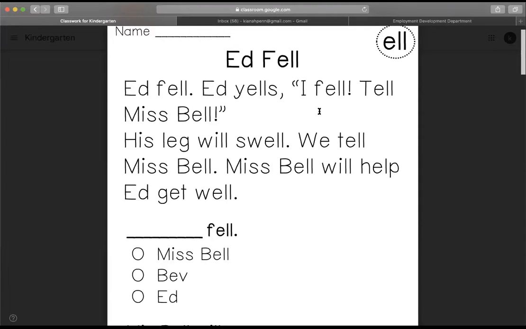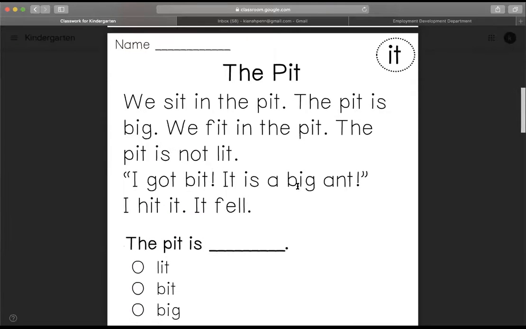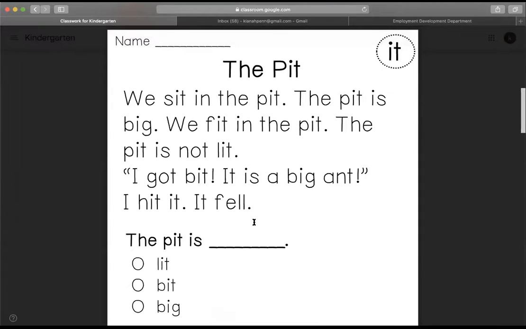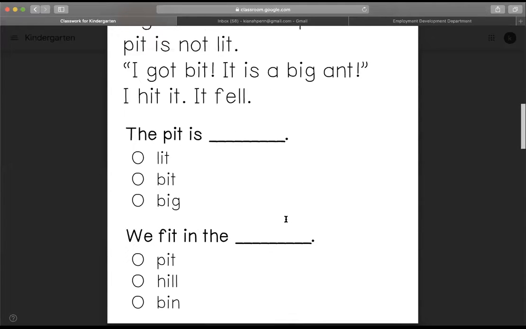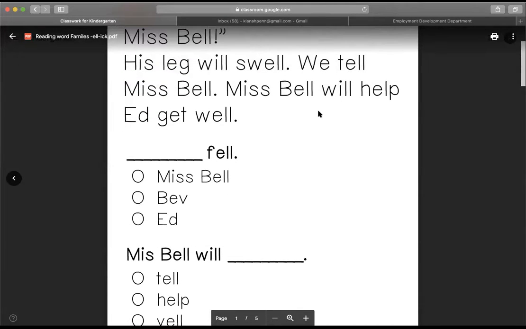So practice dialogue with your parents when reading the prompt. If you'd like to move on, you can move on to the pit, but tomorrow we will be reading this together as a class. Again, you don't have to print out the prompts or the reading. It's going to be under reading word family.